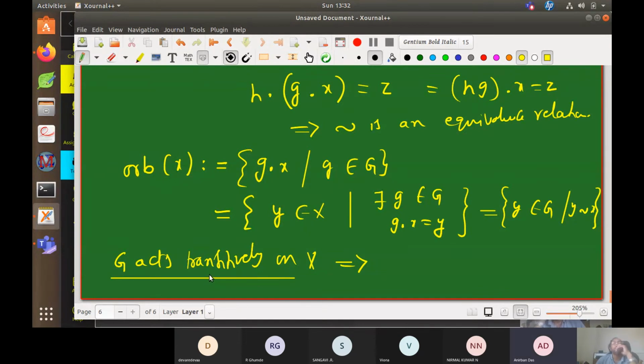The orbit of x is equal to the whole of X for all x in X. In fact for every x it is true, so there is only one orbit. That's another way to say that G acts transitively on X. Is it okay?